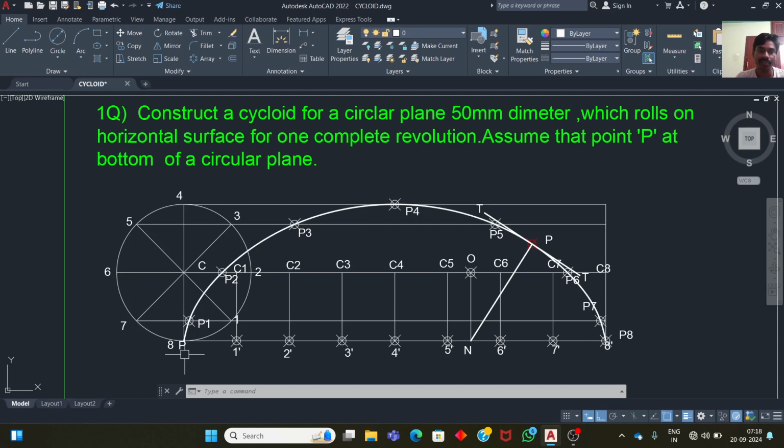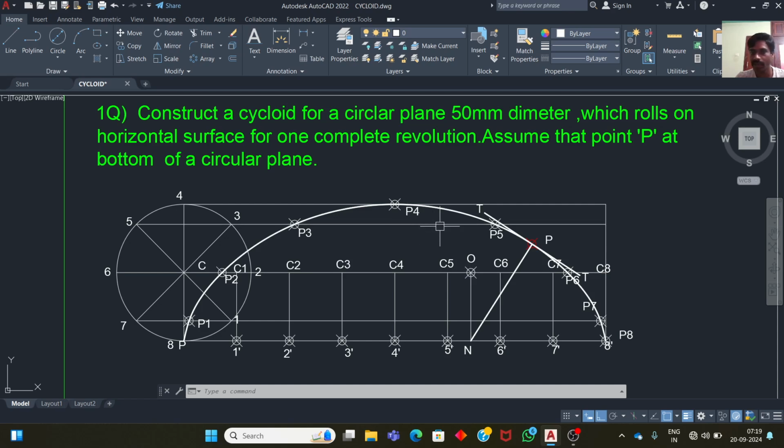We need to trace the point P. For that we take the circle with C1 as the center and diameter 50. That circle and the seventh line will meet here. That is point 1. The same circle is moved to center C2, and we get point 2, then moved to C3 to get point P3.